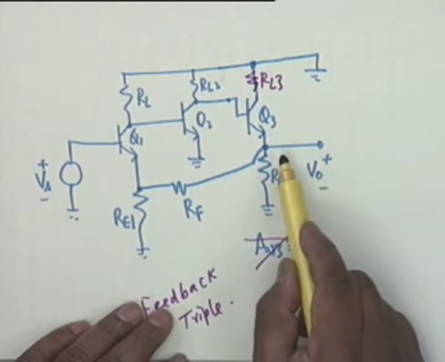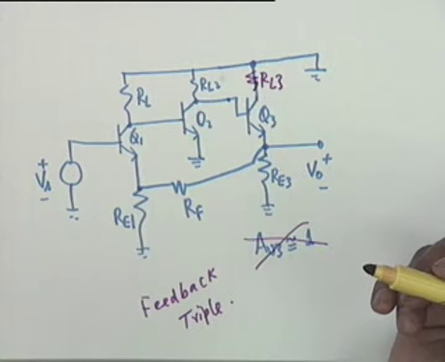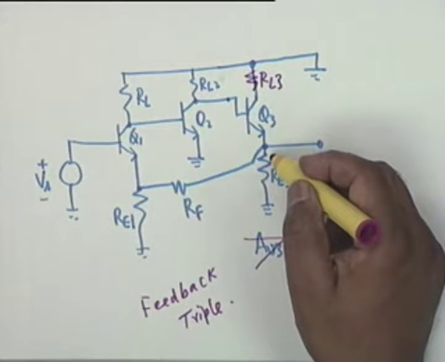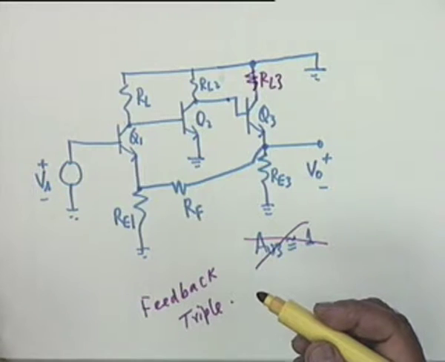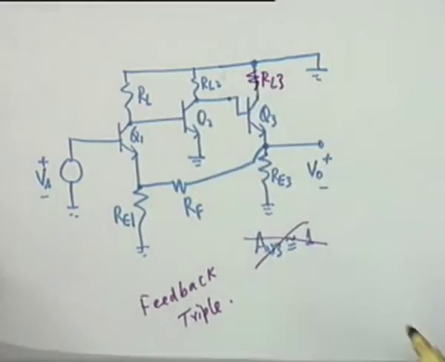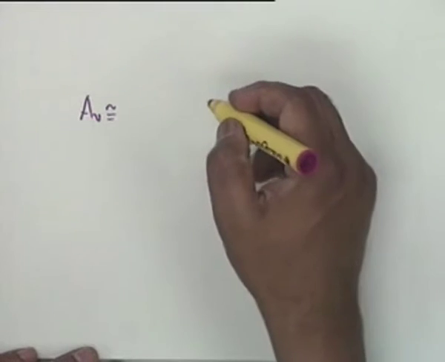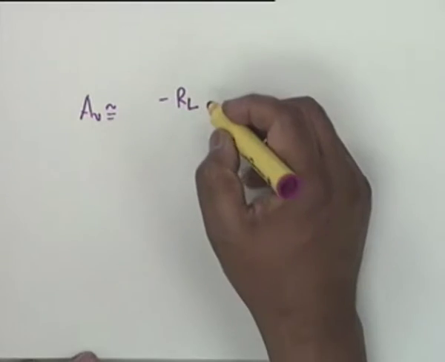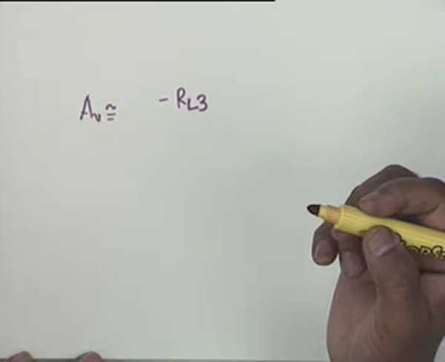The feedback is from, is it a series? Is it still series shunt? Yes, of course, because the voltage across RE3 is proportional to the load current. Okay, so this is the series shunt feedback triple, and the approximate expression for the midband gain AV is equal to minus RL3, not RL1 or RL2.